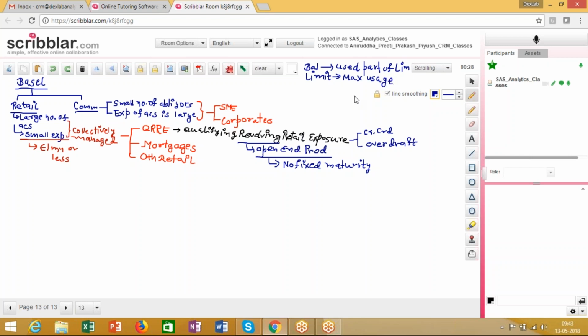Now, the balance is the used part. Suppose I have a limit of 50,000 and I have a balance of 20,000.